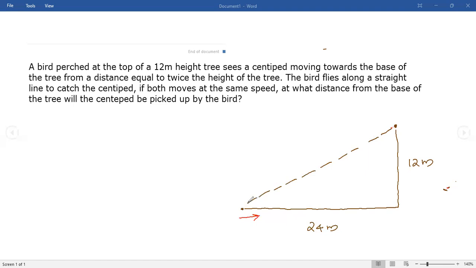Whether it will be able to capture the centipede? The centipede is located here. If the bird is coming from this point towards this point in this straight line, whether it will be able to capture the centipede?